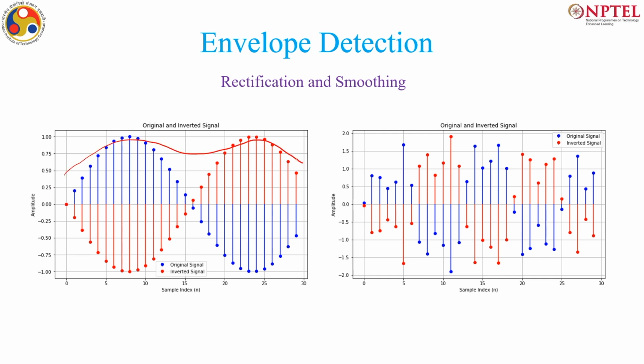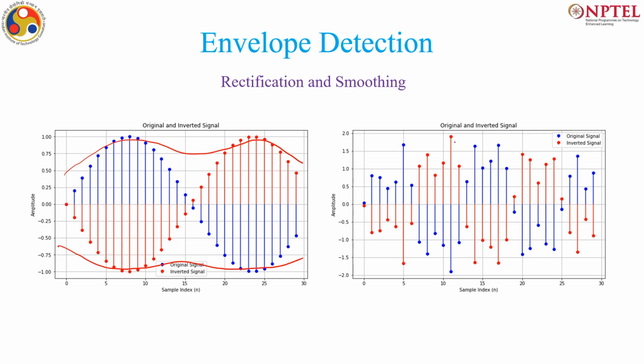So, this gives you the upper envelope of this signal, whereas this will give you the lower envelope. Now, if the signal is a bit more complicated, so this is a beautiful sine like wave, but if the signal is complex, not complex in the sense of complex values, but complicated in nature, you can still use this method.